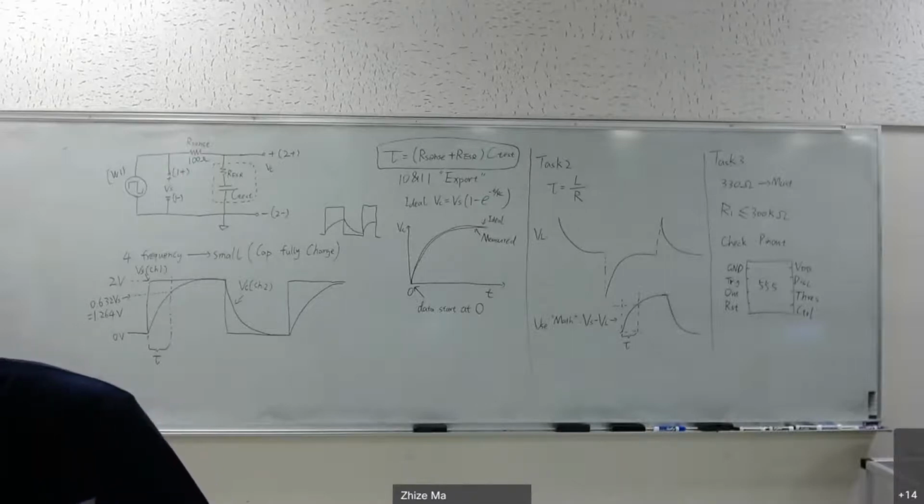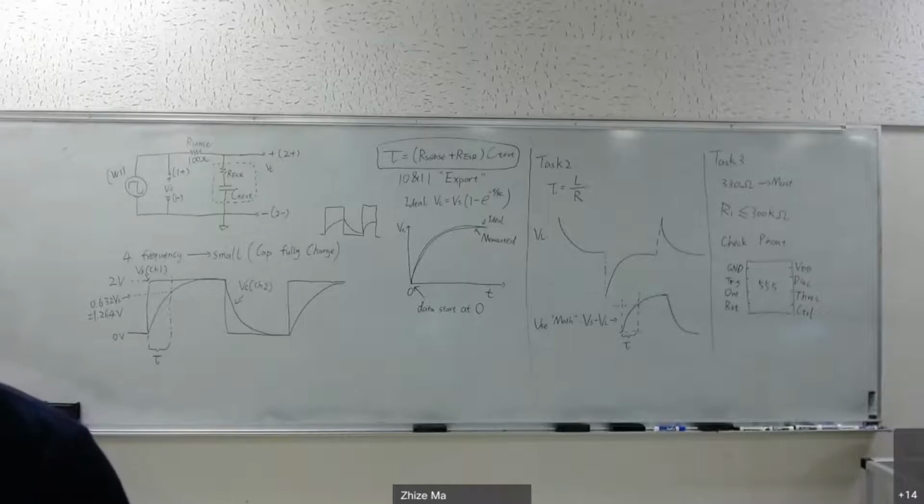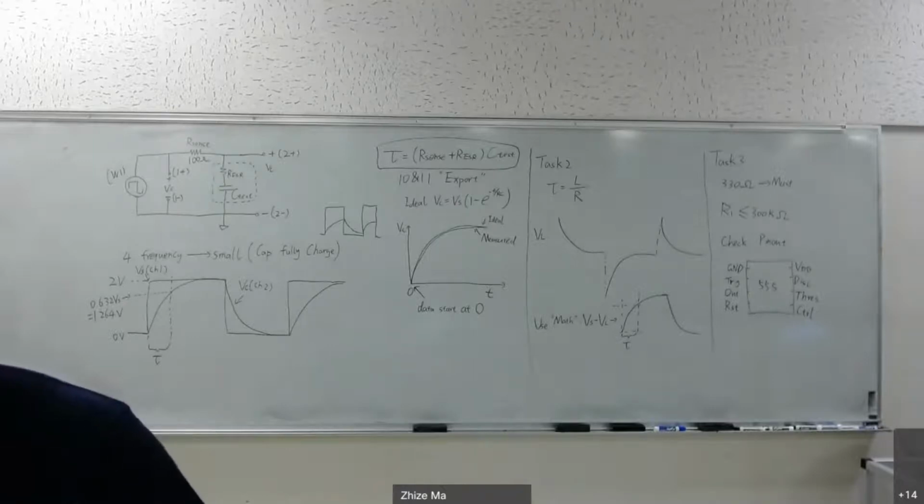After you calculate the R1 and C1 values, you can build the circuit. The component at the right bottom corner is the switch. You have the switch in your lab kit. It's like a little push button, and when you push it, it works as a switch.